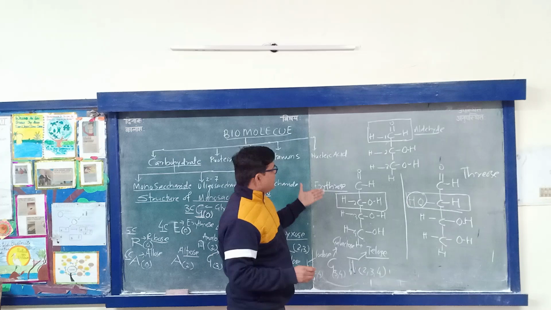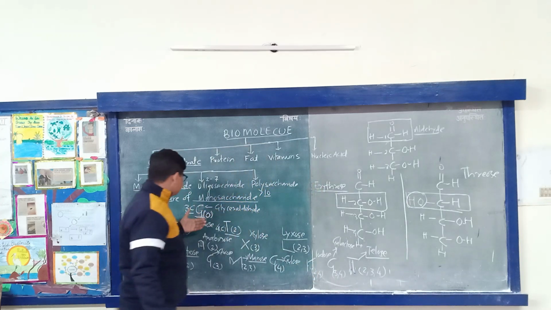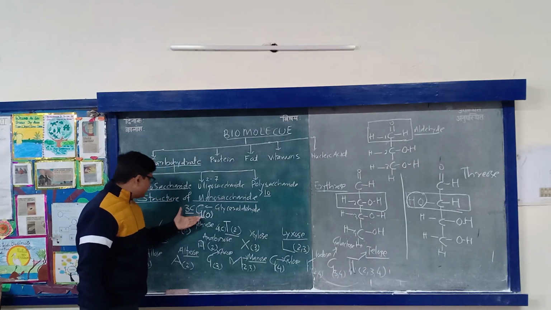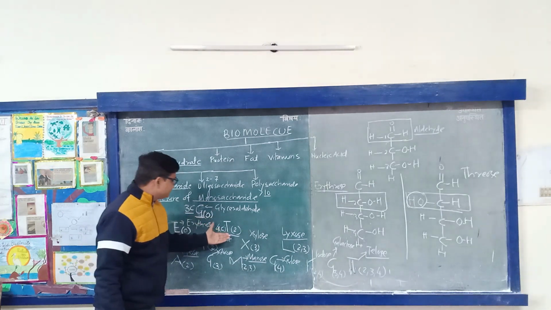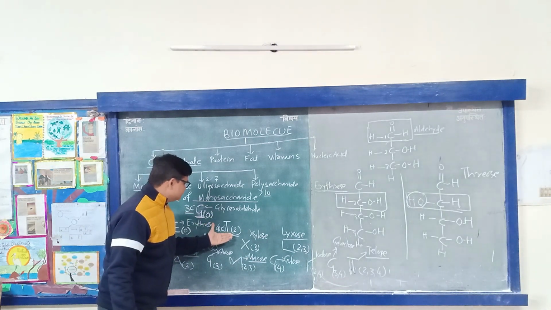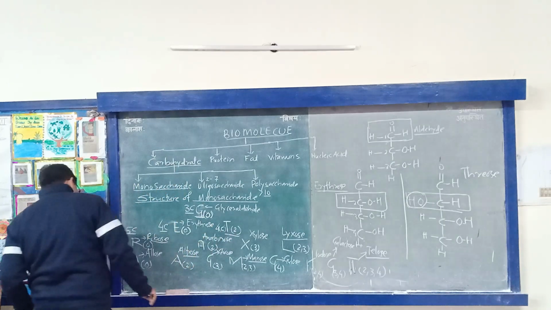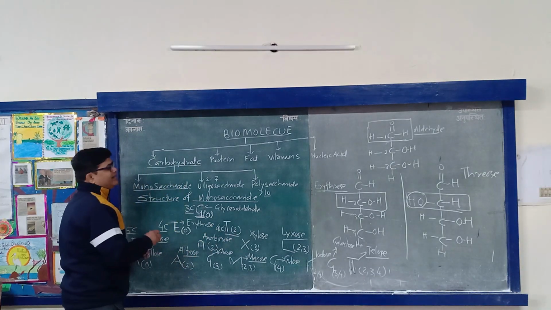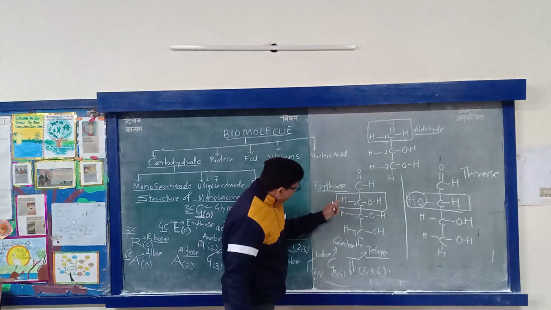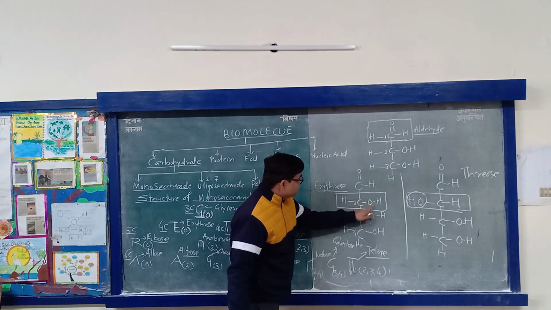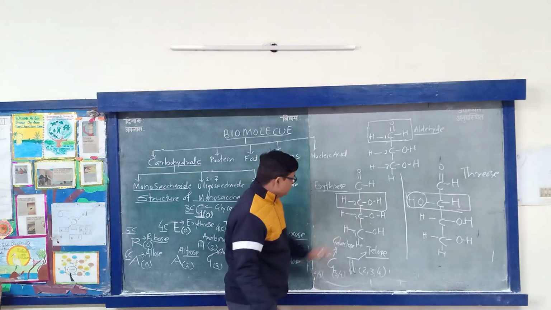So I have discussed the chemical structure of glyceraldehyde, erythrose and threose. Try to differentiate: the only difference is the position of the hydroxy group at carbon number 2.